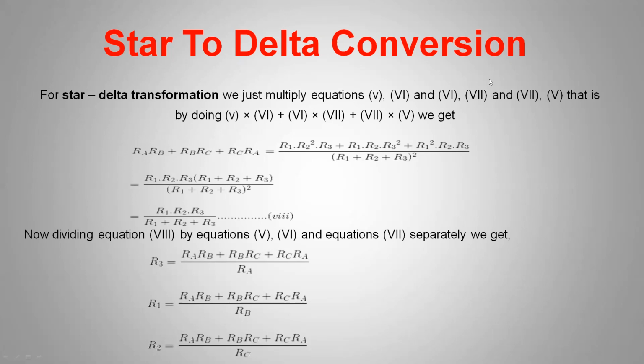You are multiplying all the equations. So RA RB plus RB RC plus RC RA is equal to R1 R2 R3 by R1 plus R2 plus R3. Because you are calculating R1, this equation is multiplied into R1 R2 plus R3 by R3.